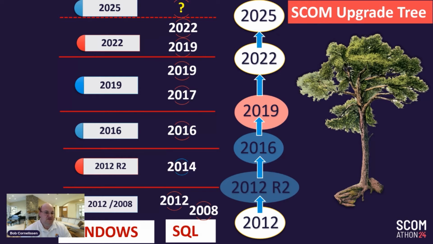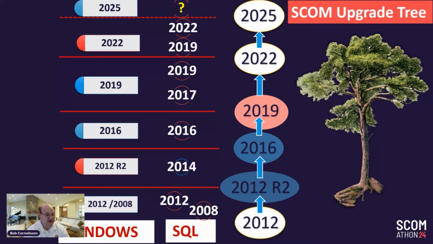But if we want to be able to in-place upgrade next time to a higher version of SCOM, let's say 2025, we need to have the right combination prepared. So in this case, I would go for the highest combination version, which is Windows 2022 with SQL 2022 and SCOM 2022, if you want to install a fresh new SCOM today.